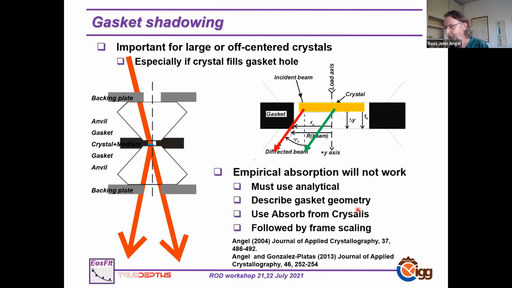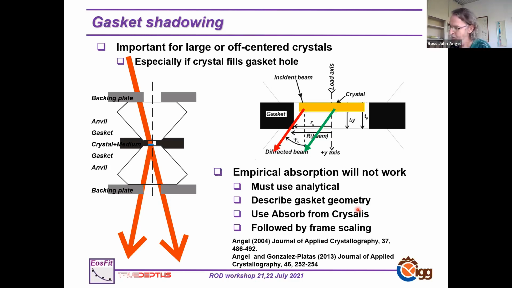Empirical absorption will not work, and you have to use analytical absorption corrections in which you describe the diamond cell, the thickness of the diamonds, the gasket geometry, and so on and so forth. And you can do it in Chrysalis. There's an interface to another program, of which I'm not the original writer, but the curator and developer, called Absorb.